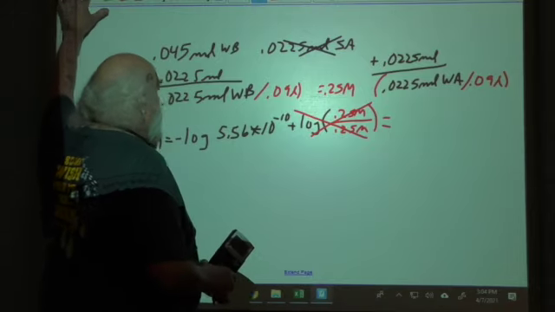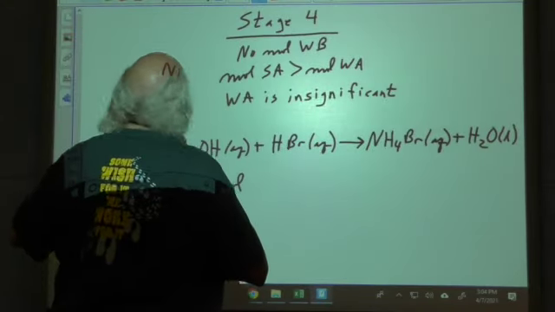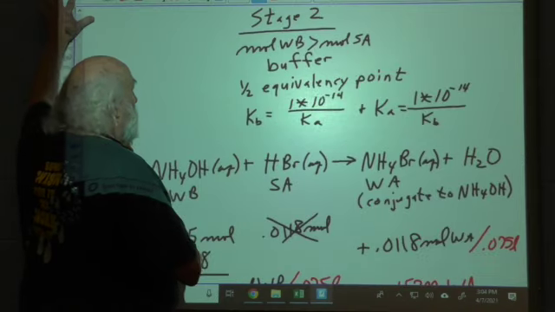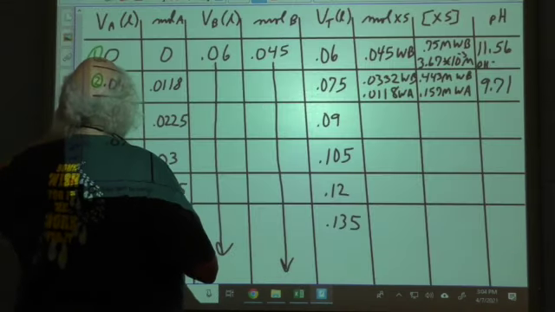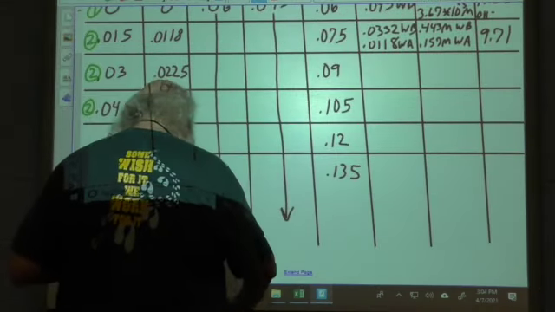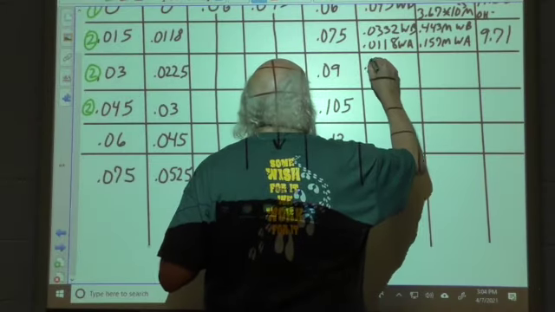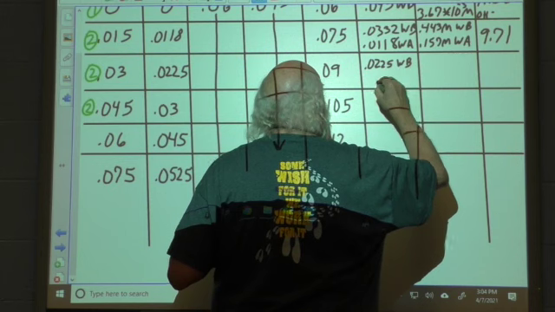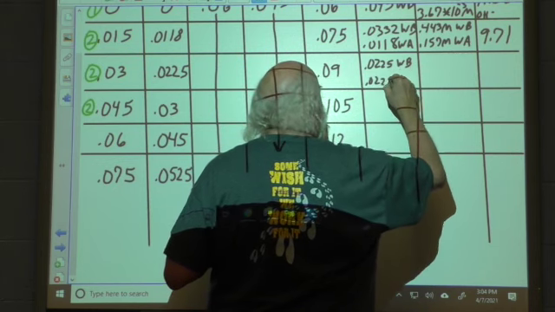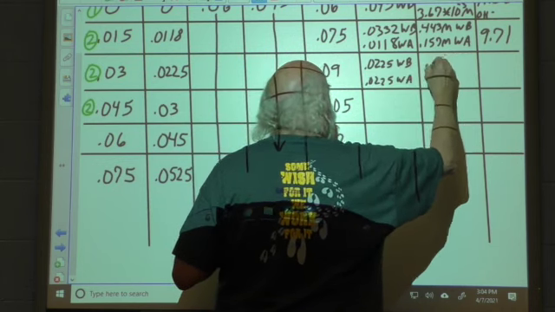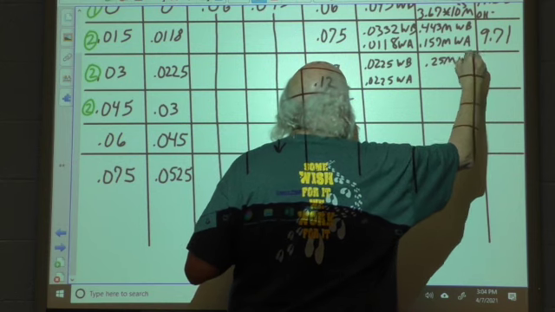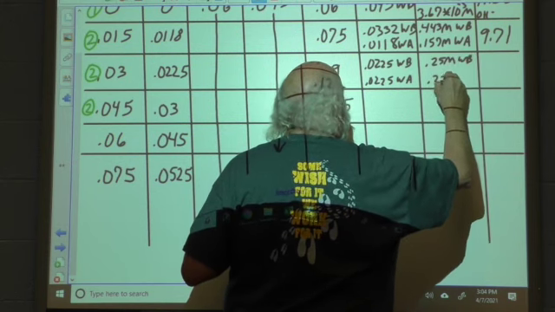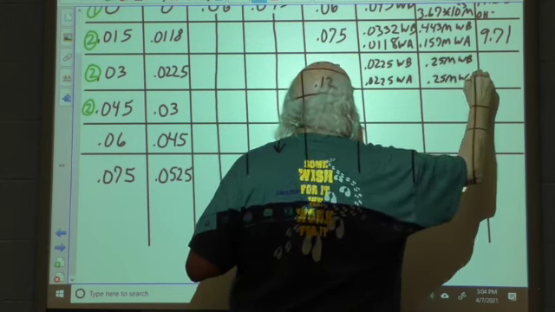So let me get my bookkeeping done first before I start doing that. So we got 0.0225 of the weak base, 0.0225 of the weak acid. This is 0.25 moles per liter of weak base, and this is 0.25 moles per liter of weak acid.